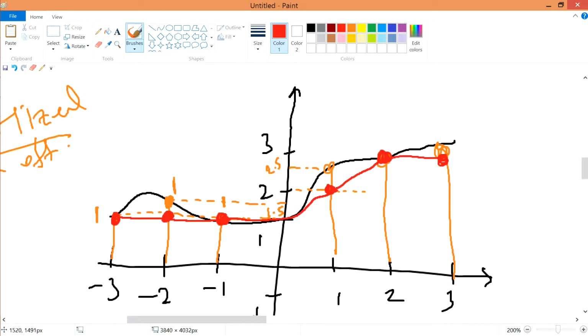Somewhat nearer to the original signal in the black color, right? However, quantize itself re-represents the signal in a different way. The orange color signal is the digital one. The digital one is something like that.